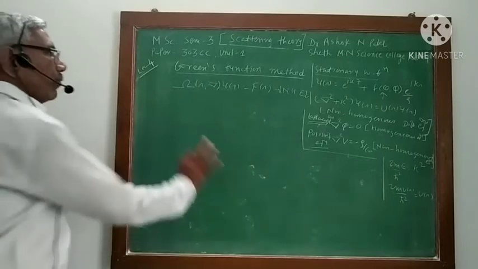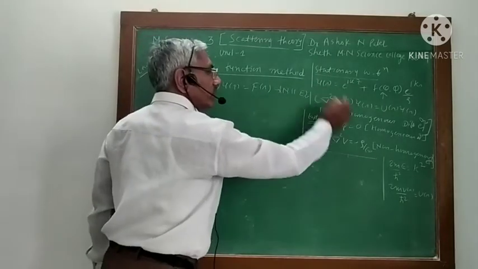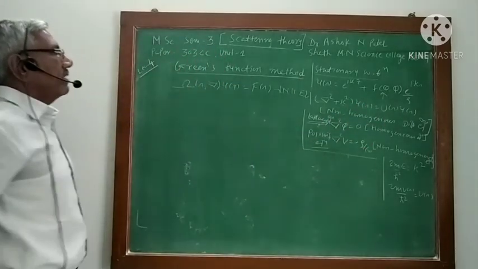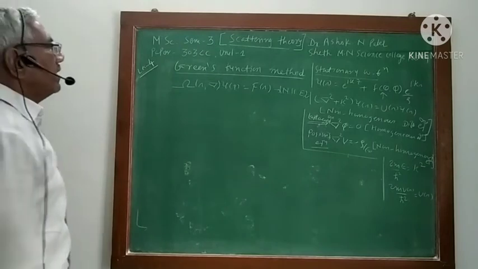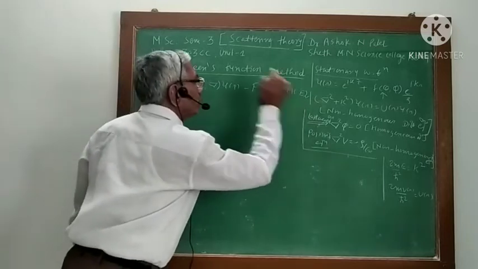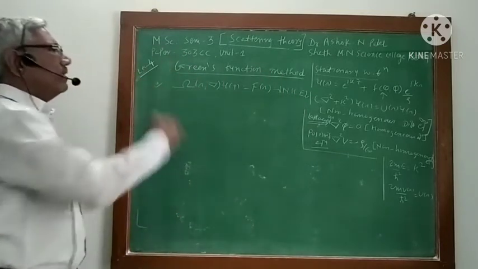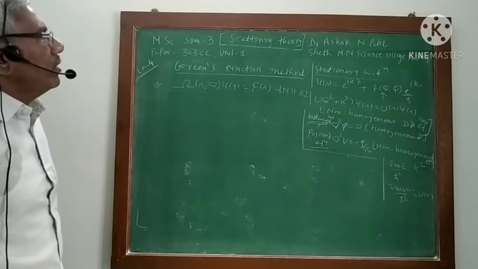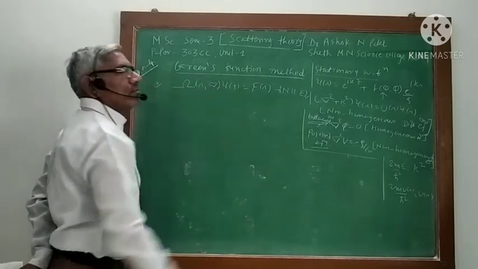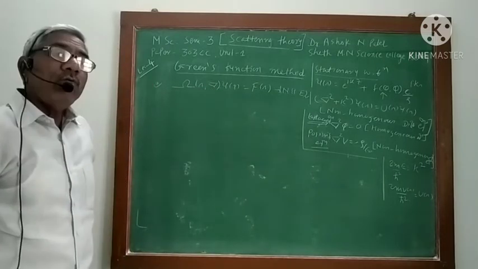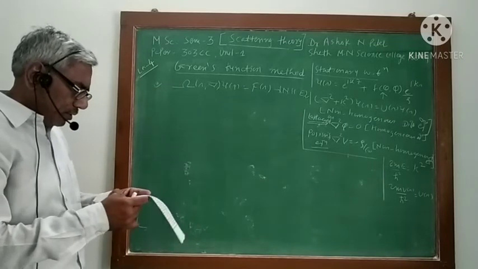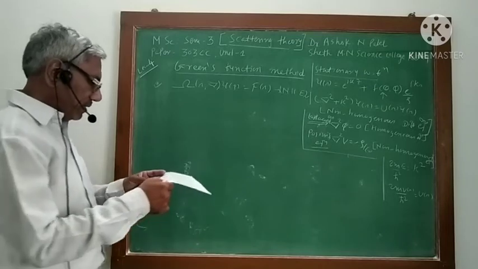So now come to this point. Instead of solving this right now, just keep it aside and try to understand the Green function method. I told you that in the Green function method, suppose you have a general non-homogeneous equation. How can you solve this? If you want to solve this non-homogeneous equation, you have to define the Green function for that.